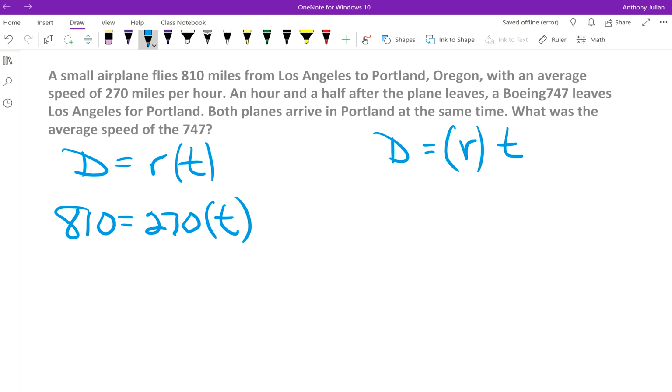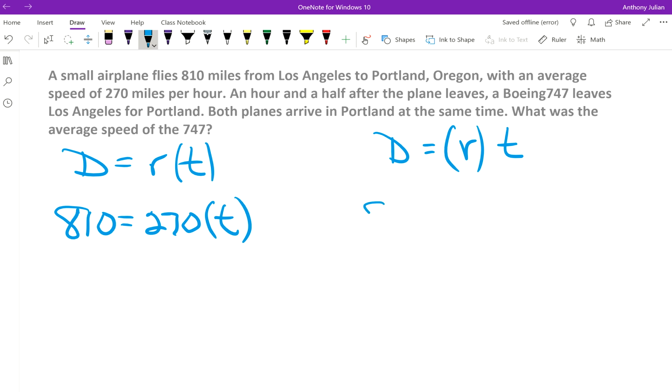Okay, an hour and a half after the plane leaves, a Boeing 747 leaves Los Angeles for Portland. Both planes arrive in Portland at the same time. What was the average speed of the 747? Okay, so I've got a problem with an hour and a half after the plane leaves. But let's see, how about getting this distance?